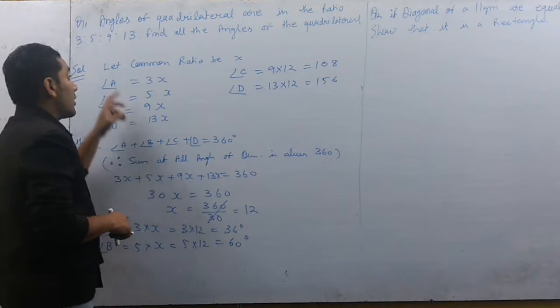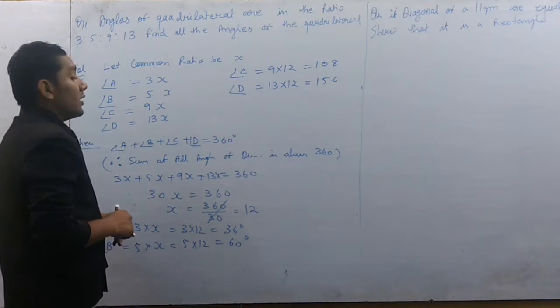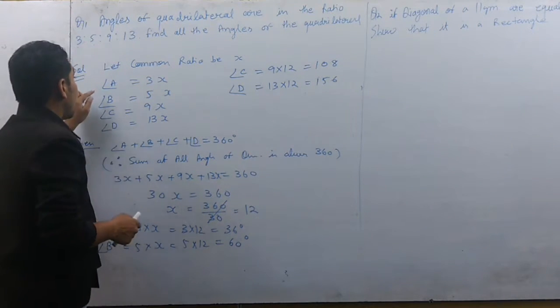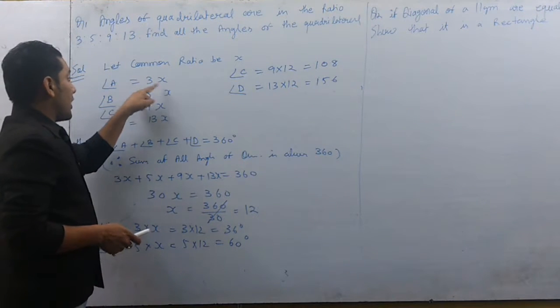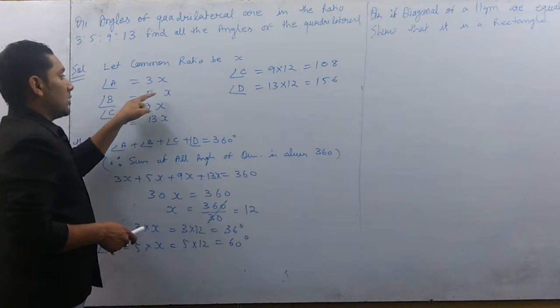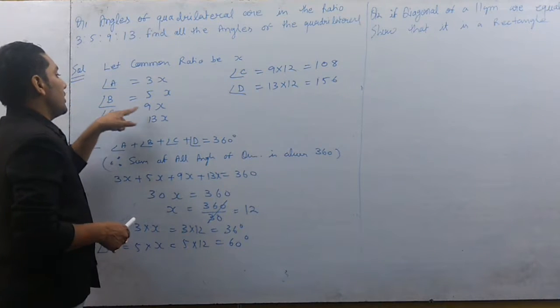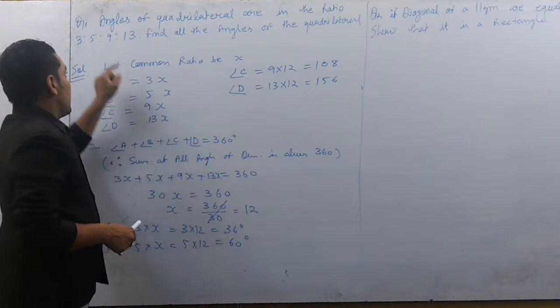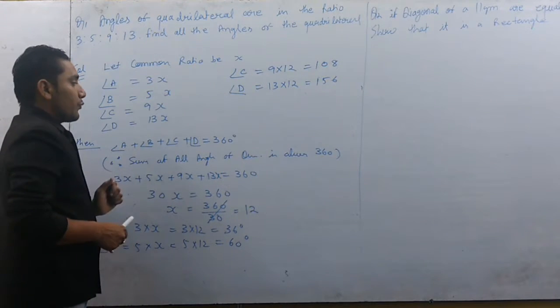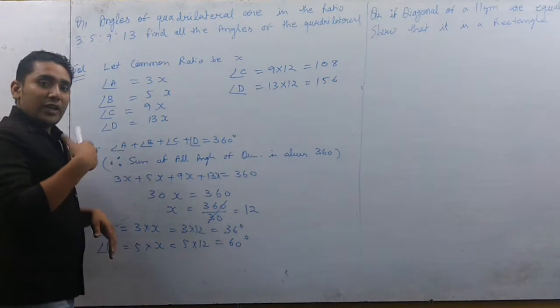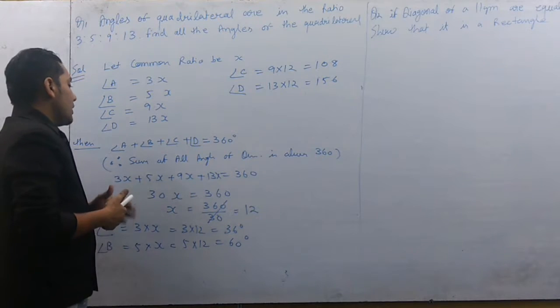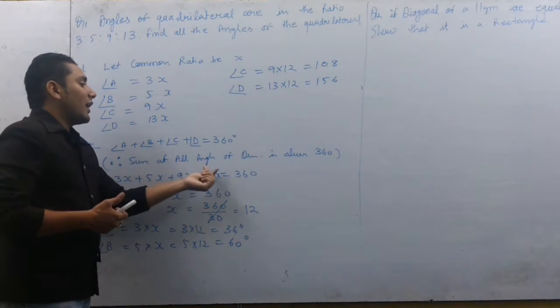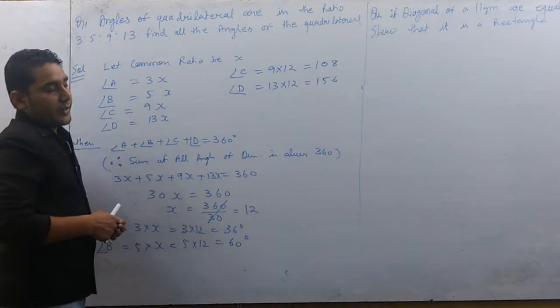Let us suppose the common ratio is x. Then angle A is equal to 3x, angle B is equal to 5x, angle C is equal to 9x, and angle D is equal to 13x according to the question. The first property is that the sum of all angles of a quadrilateral is 360.